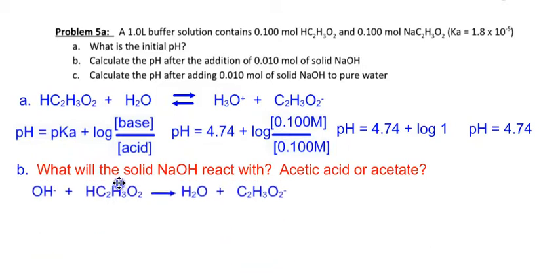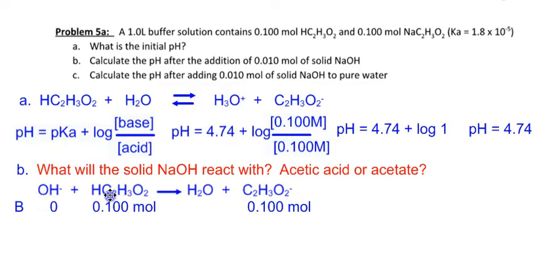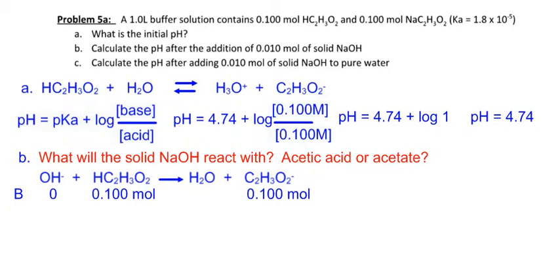So here is going to be your BCA table, okay? And so what is the real beginning? It's right here. I don't have any hydroxide to start with. I do have some acetic acid and some acetate. And now what? Remember what happens here. So it's not really another B step. This is my initial conditions.